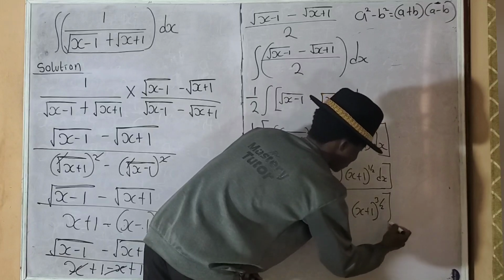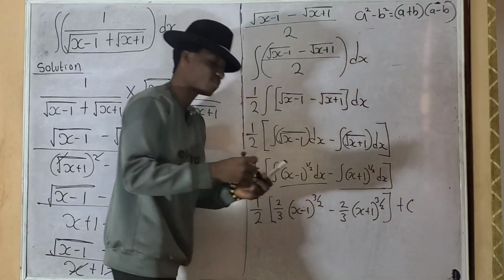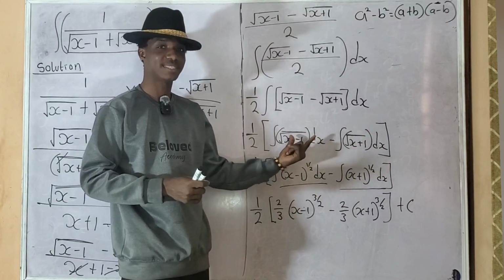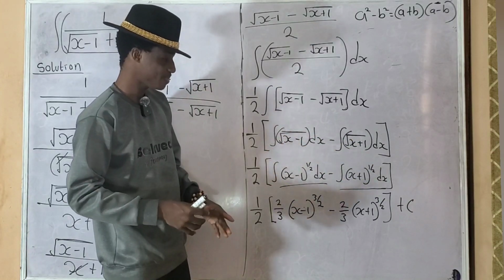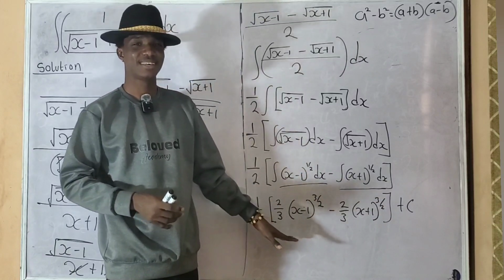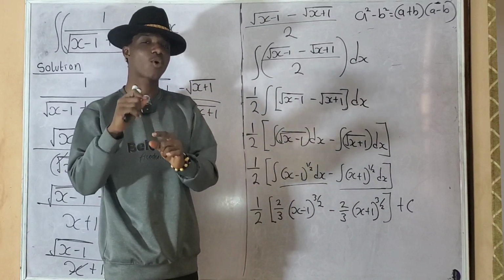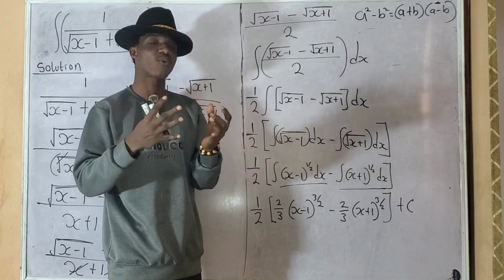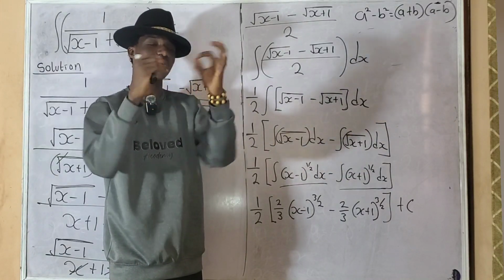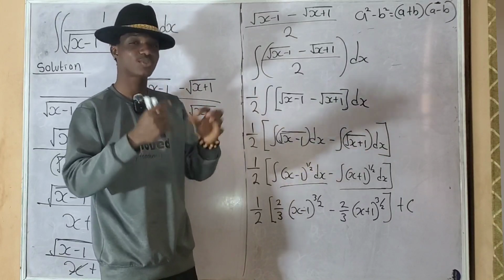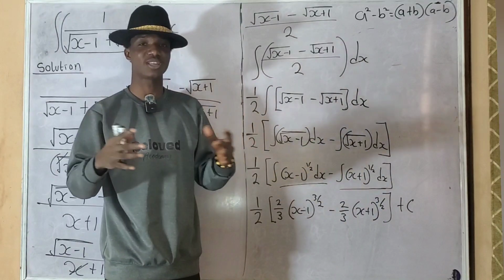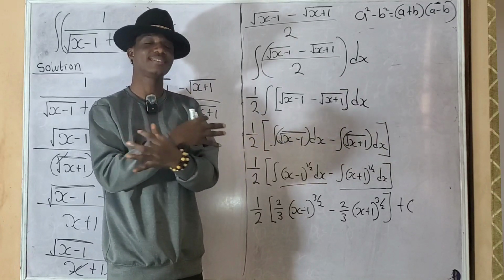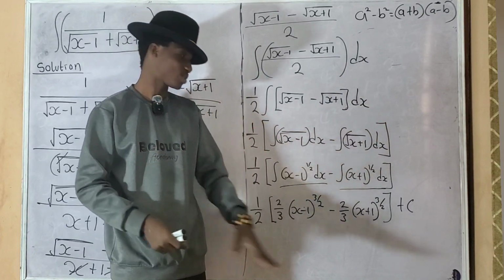So I'm going to have plus c because we have to add an arbitrary constant to this indefinite integral. Now, you might be wondering how I got this. There is a method of integration called the substitution method. Substitution method of integration is used for integration of a function that has another function in itself. If you want to learn more on this method, you can visit our YouTube channel, or if you're watching this on our YouTube channel, just check the playlist. You're going to see a series of solved examples touching on this method.